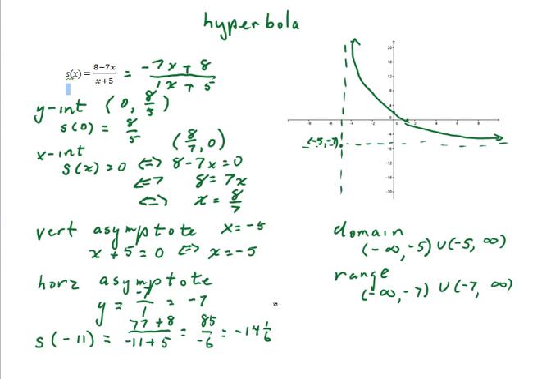So notice that whereas the x-intercept was 7 units above the horizontal asymptote, this value of S of -11 is going to be 7 units below.